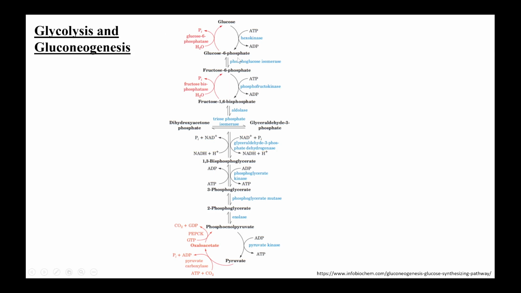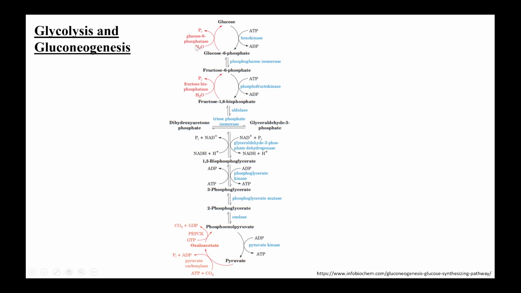So here you can see the blue side is basically glycolysis and the red side is gluconeogenesis. From glucose to glucose 6-phosphate, we know in glycolysis hexokinase is involved. Instead of hexokinase, we have glucose 6-phosphatase that will remove the phosphate.